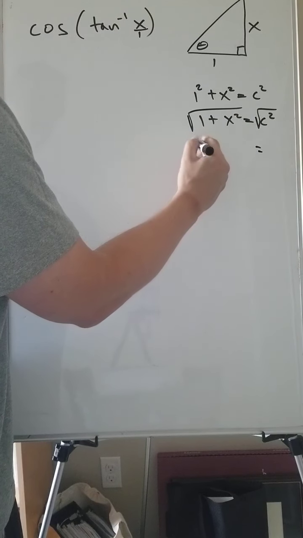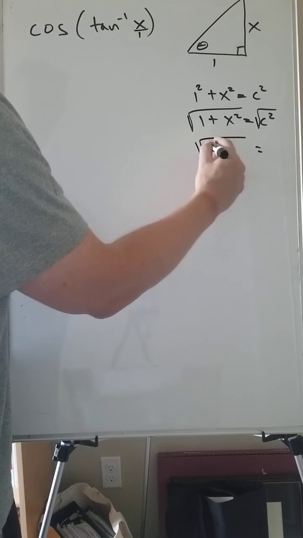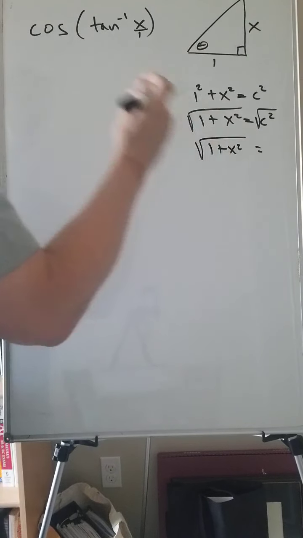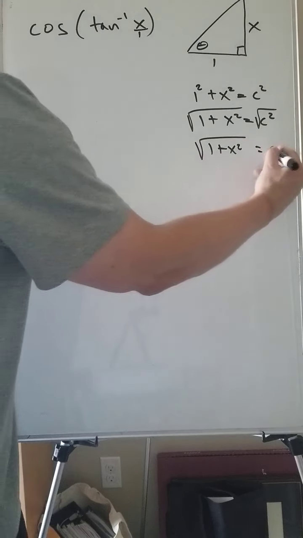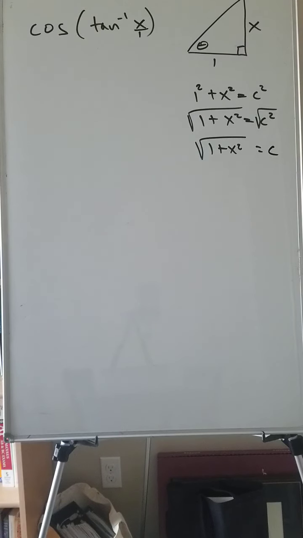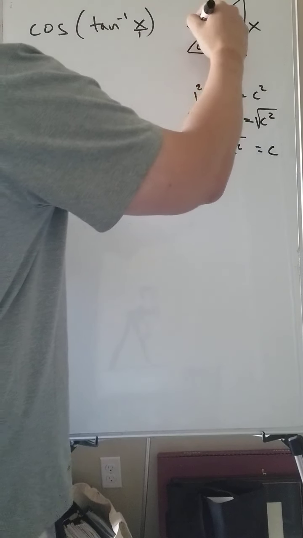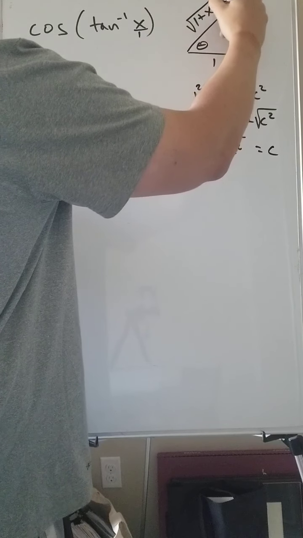You cannot simplify the square root of 1 plus x squared, so it's just the square root of 1 plus x squared. The square root of c squared, well, normally it would be the absolute value of c, but since c represents this length, c can't be negative, so I don't need the absolute value bars. So in other words, the hypotenuse there is just the square root of 1 plus x squared.